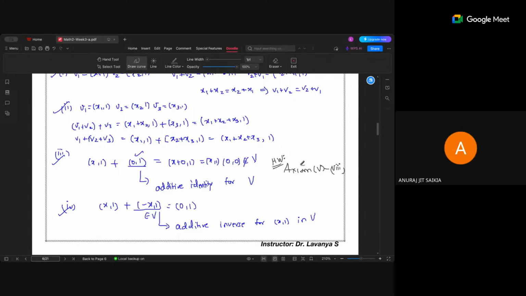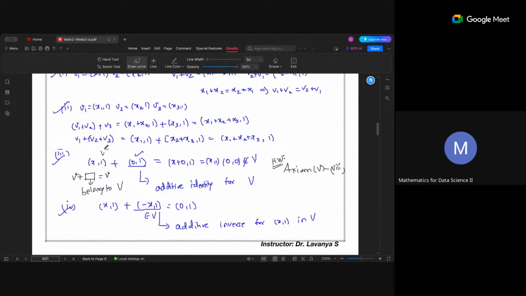Ma'am, the zero vector, I don't understand that. See, what is the definition of zero vector? You should have a vector here such that when you add it, you should get back the same vector. Also, this should belong to your capital V. So here, if I am taking (0, 1), then the sum I am getting is (x, 1).